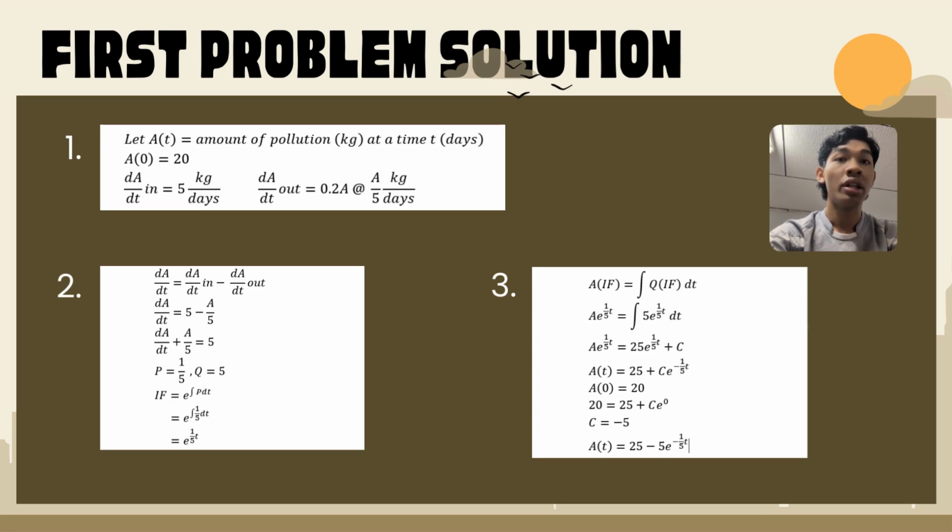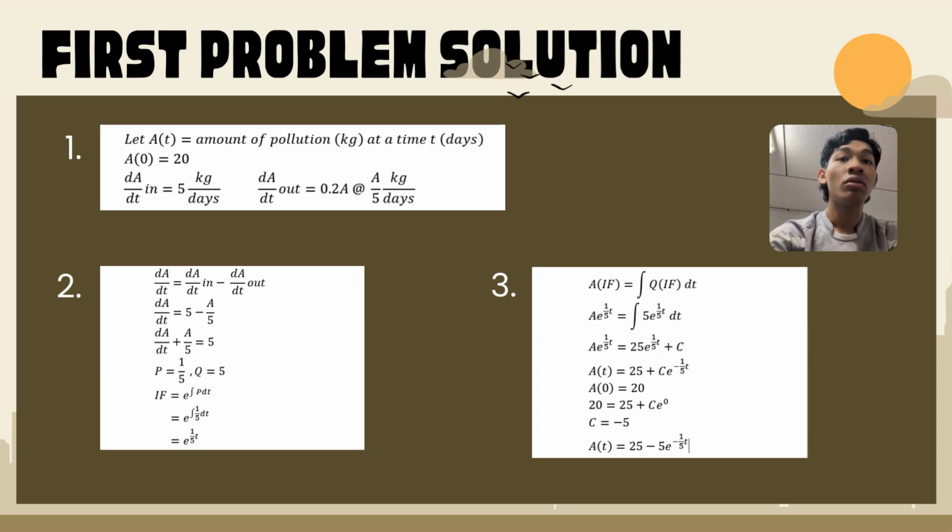Then we rearrange the equation so it becomes a linear differential equation, which is LDE. So dA over dt plus A over 5 equals 5, and there is a value of P and Q. The value of P is equal to 1 over 5 and the value of Q is equal to 5.